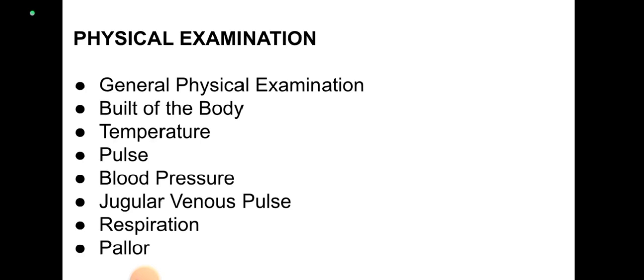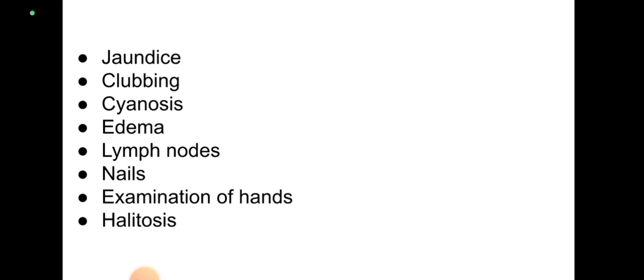After that, we do physical examination of the patient, starting with general physical examination, build of the body, temperature, pulse, blood pressure, jugular venous pulse, respiration, pallor, jaundice, clubbing, cyanosis, edema, lymph nodes, nails, examination of hand, and halitosis is noted.